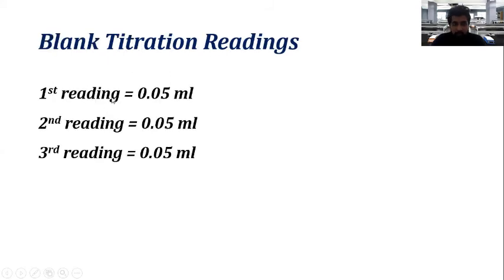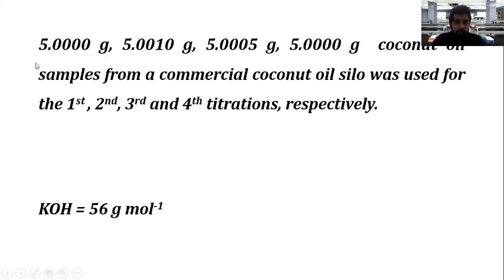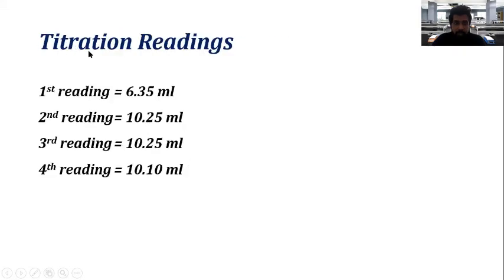If the first reading is about 1 or 2 grams in weight, the burette reading can be something like 6.35. But all the weights are similar to 5, so the burette readings are also in close precision. The readings should be close together.